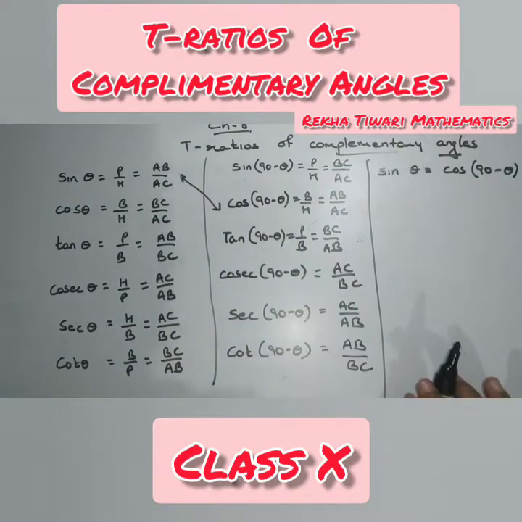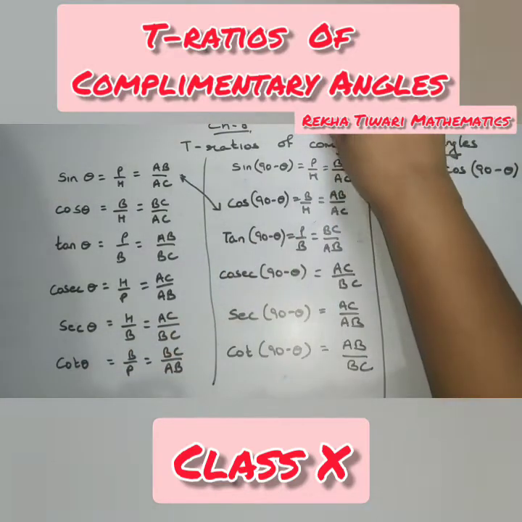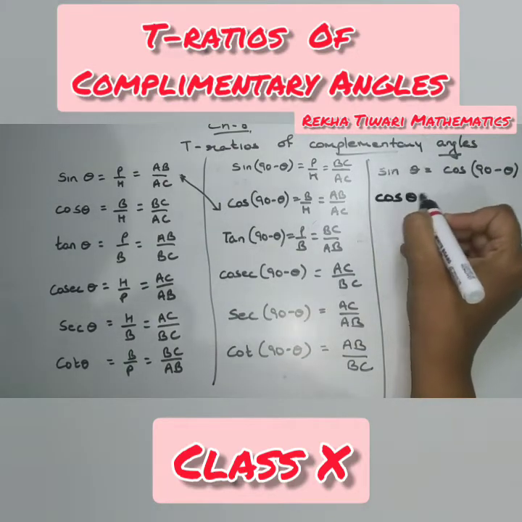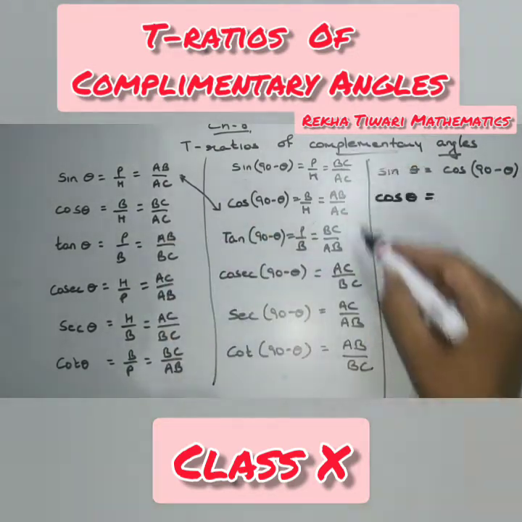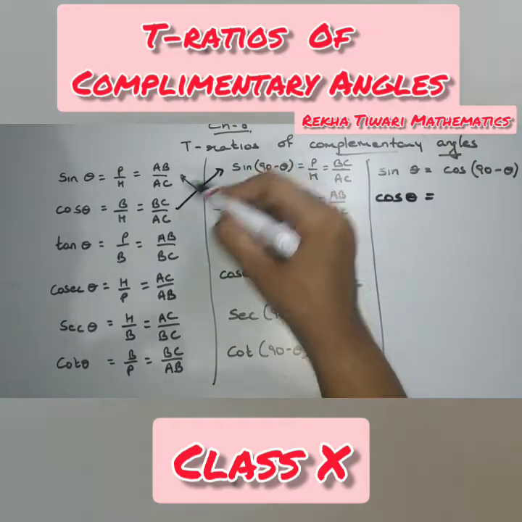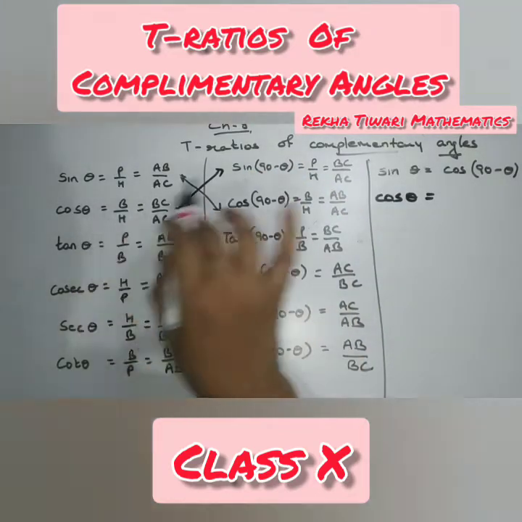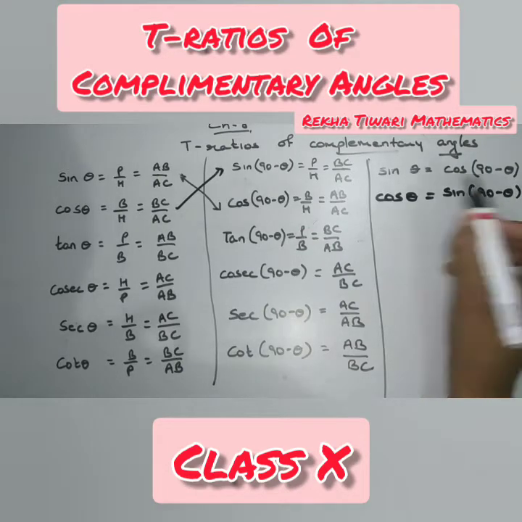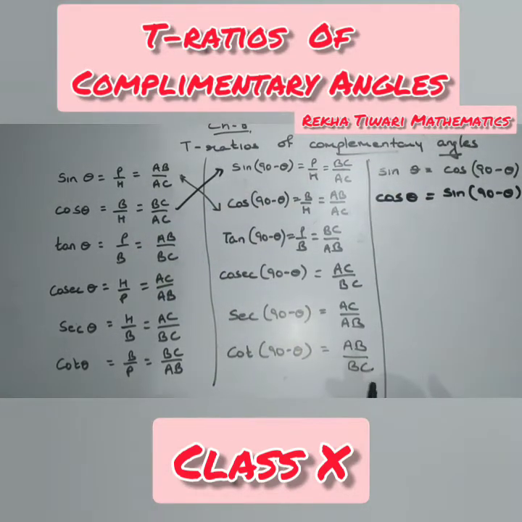Both values are equal. Similarly, cos theta is equal to, see, where is BC by AC here? Look here. So cos theta is sin 90 minus theta. The values are same, both equal to BC by AC.